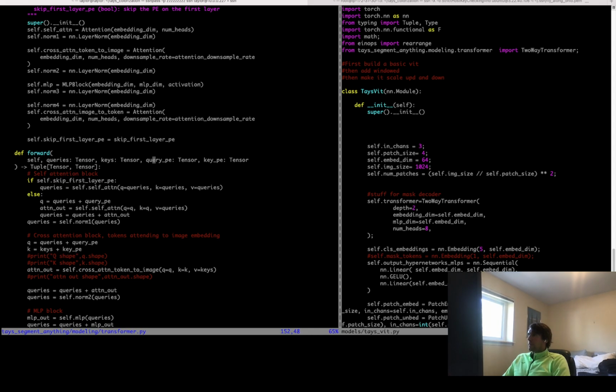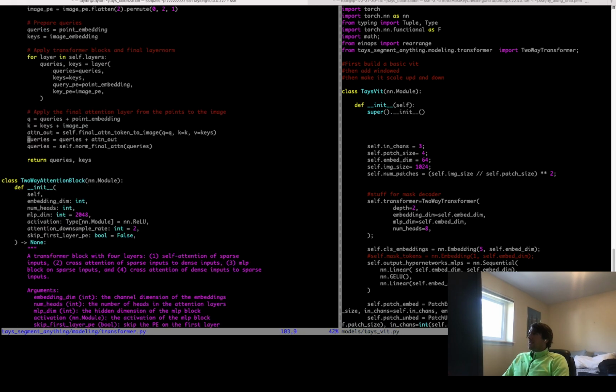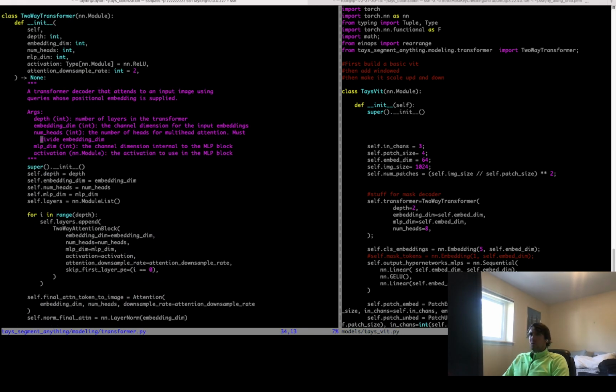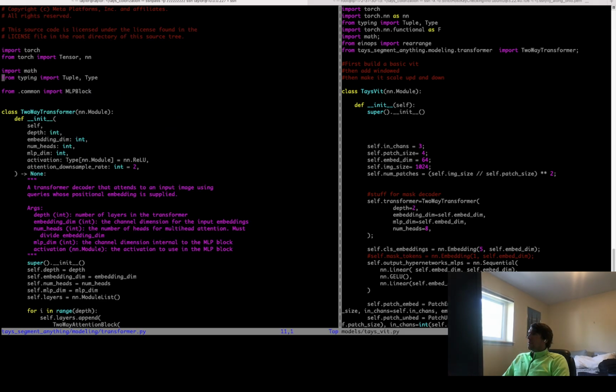That's the only thing that's a little weird to me. I don't understand that query PE, the positional encodings on that. Craziness.